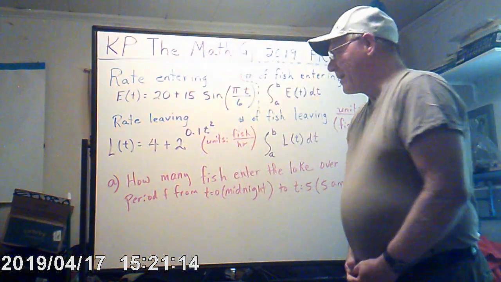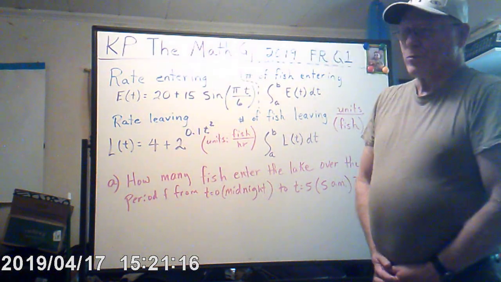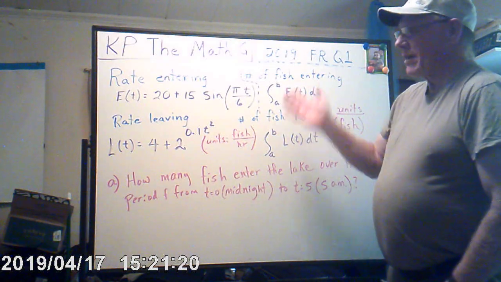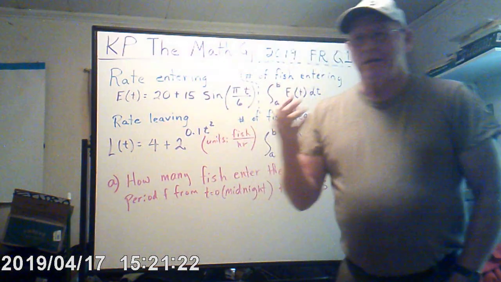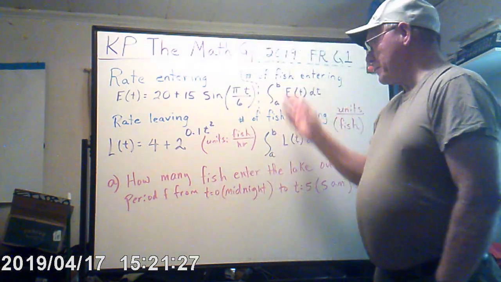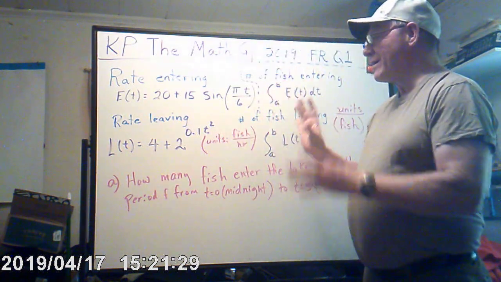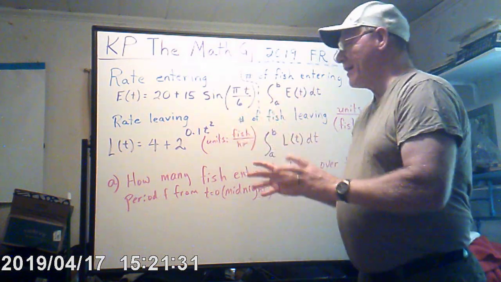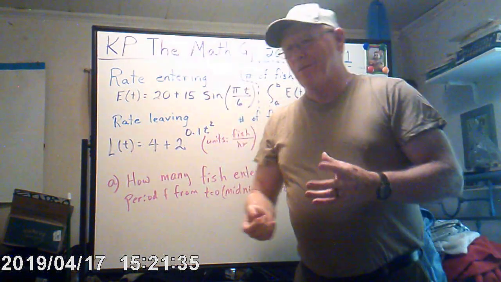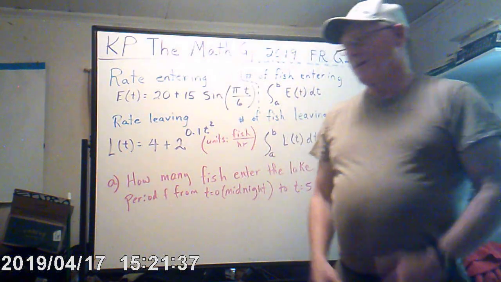A lot of times we get problems, and I've been noticing that ever since I've been doing problems from 1997 or 1998 to this, I've been seeing a lot of something entering in and something leaving. Water enters into a tank, but it leaks out of the tank at a certain rate.